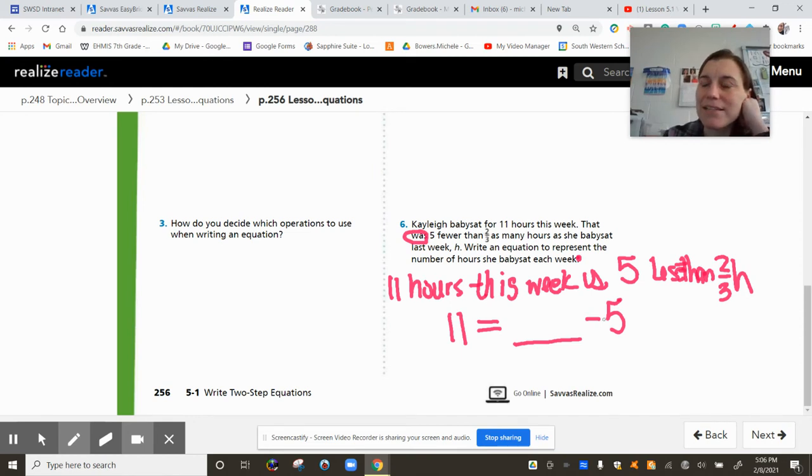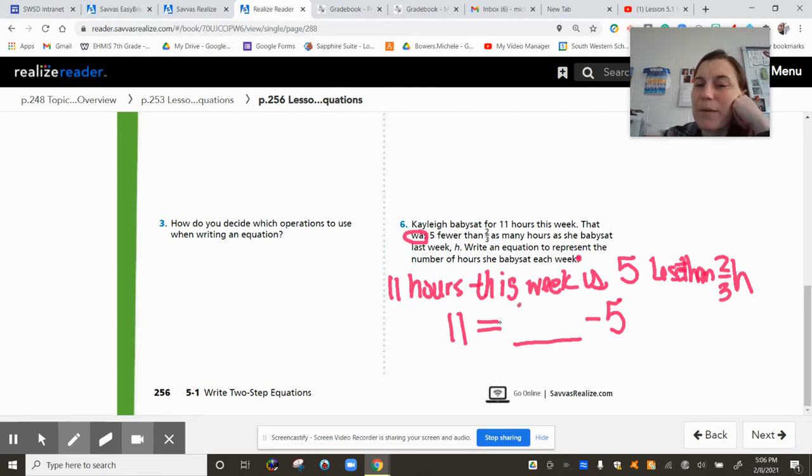Like if I said that I have 7 lollipops, and you have 5 less than that, then you would do 7 minus 5 to figure out how many that you have. So you're taking away 5. So remember, these are hours and these are hours. So 5 hours, 11 hours. That's going to work out. So 2/3 of the hours.